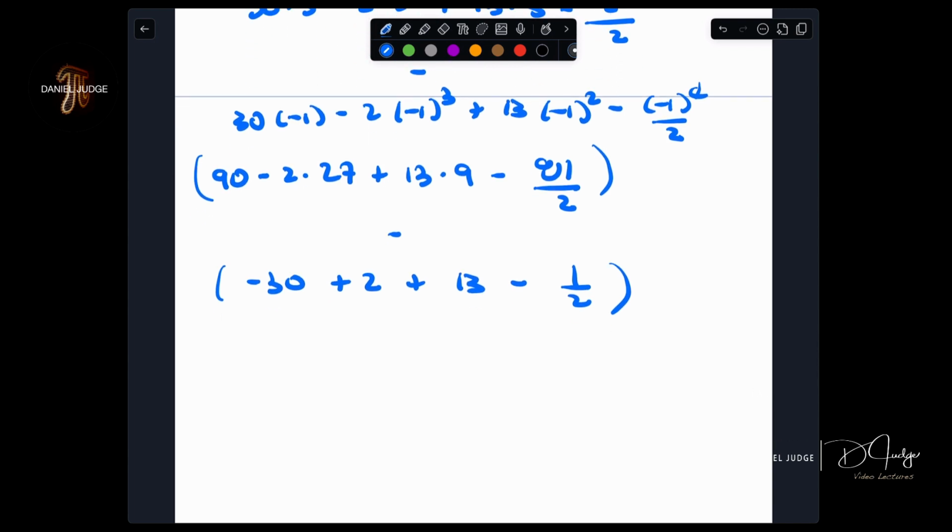So let's do just a little bit of this arithmetic here. I'm going to erase it. 2 times 27 is 54. 13 times 9, if you guys want to try to do that arithmetic, it's 117.